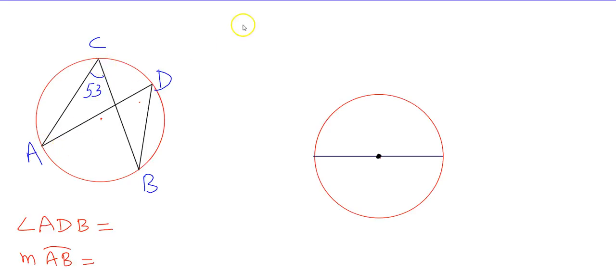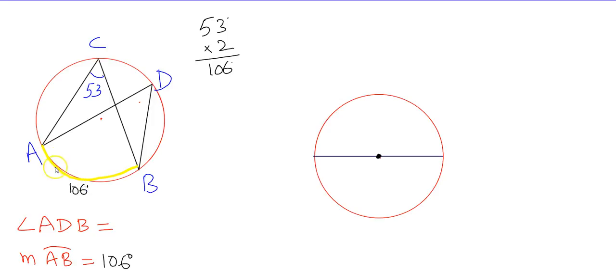So this intercepted arc will be equal to how much? It is 2 times 53. So 53 times 2 is equal to 106 degrees. That is the measure of arc AB. So the measure of arc AB is 106 degrees. Right here I wrote this measure, 106 degrees.